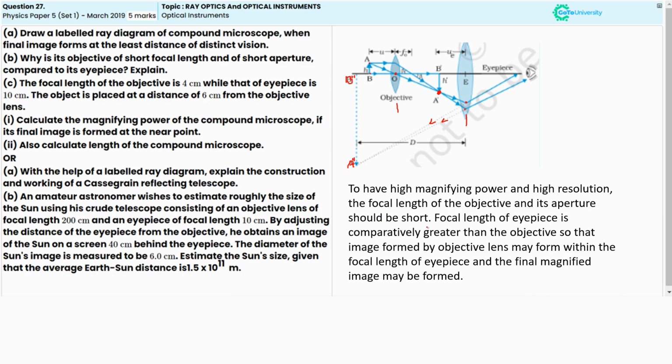Focal length of eyepiece is comparatively greater than the objective, so that the image formed by the objective lens may form within the focal length of the eyepiece, and the final magnified image may be formed. Aperture is kept short for higher resolution, and the magnification is given by m equals m naught into m e, that is equal to L by f naught into 1 plus D by f e.